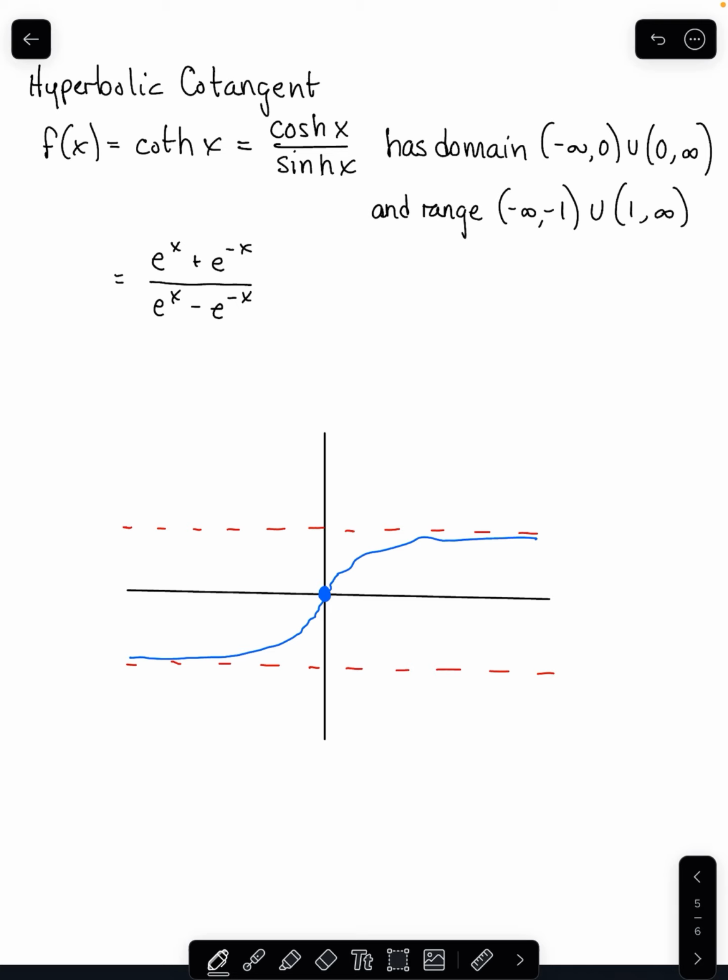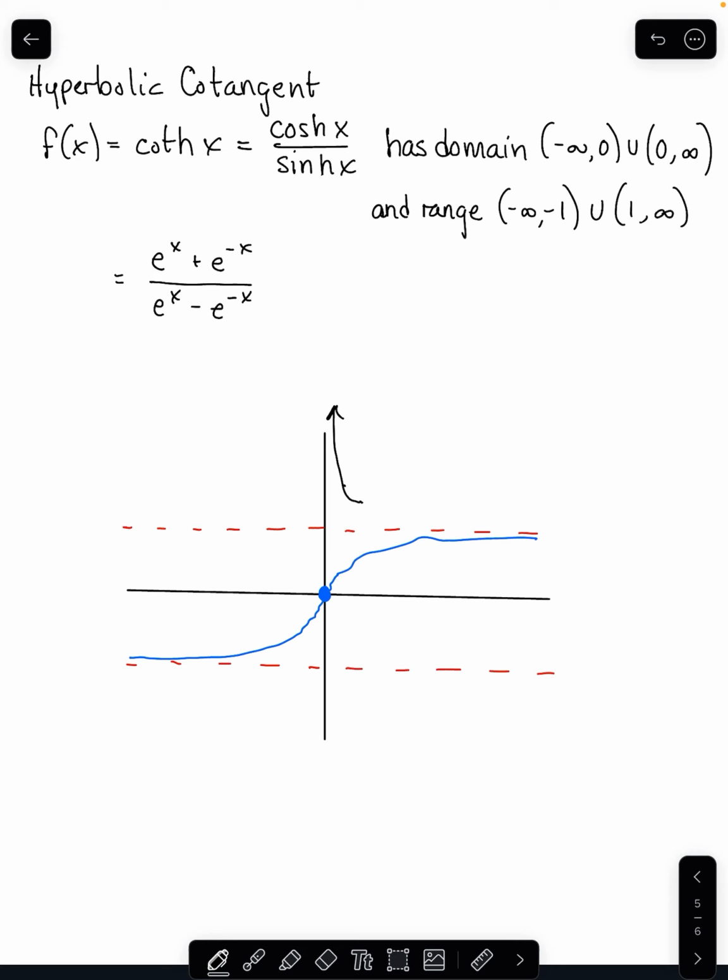So what we have here is that as tangent approaches x equals 0, it gets smaller and smaller and smaller, which means as cotangent approaches 0, it's going to get larger and larger and larger.